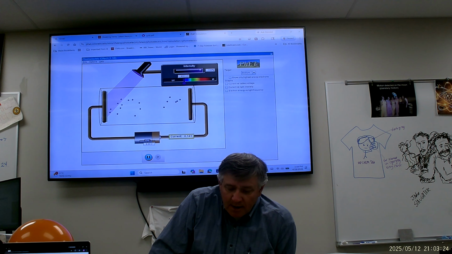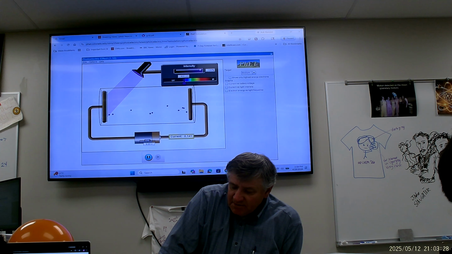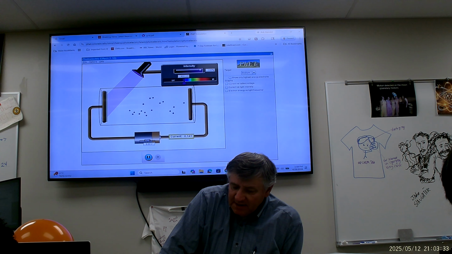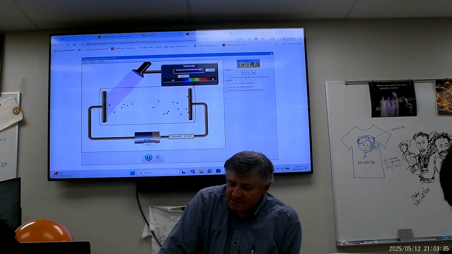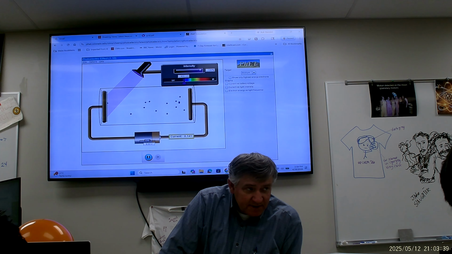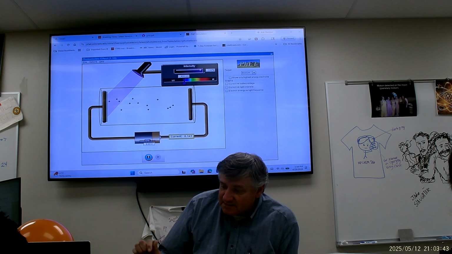Okay, so when you get to 19, set the voltage to 0, wavelength back to 419. Calculate the velocity of the electron. At this point, you're going to be able to determine that velocity because you're going to know what the Kmax is.